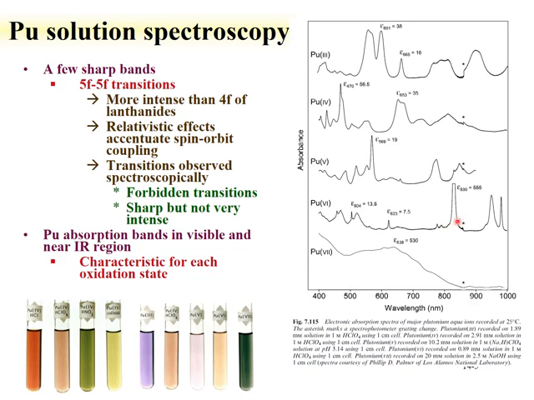For instance, plutonium-6 has an absorbance at 830 nanometers and a molar absorptivity of 555. Plutonium-4 has a peak at around 650, another peak around 730, and these molar absorptivities are on the order of 35 and 60.